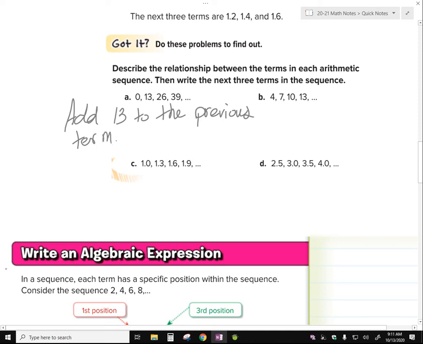So that is exactly how you're going to be doing your homework. And then we have to say what the next three terms are. So 39 plus 13 is 52. Then 65. And then 78. I spread them out when I copy paste from the book. But you guys have the room on the left in the margin to do that.